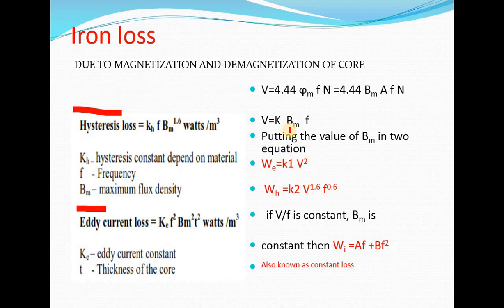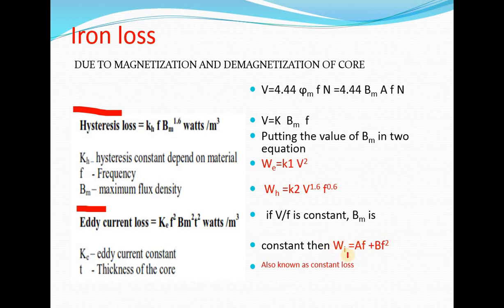So if we keep V by F constant, then Bm, the magnetic flux density, will automatically be constant. In this case, by keeping the V by F ratio constant, Bm becomes constant, and the hysteresis loss and eddy current loss depend upon the frequency and the frequency square respectively.